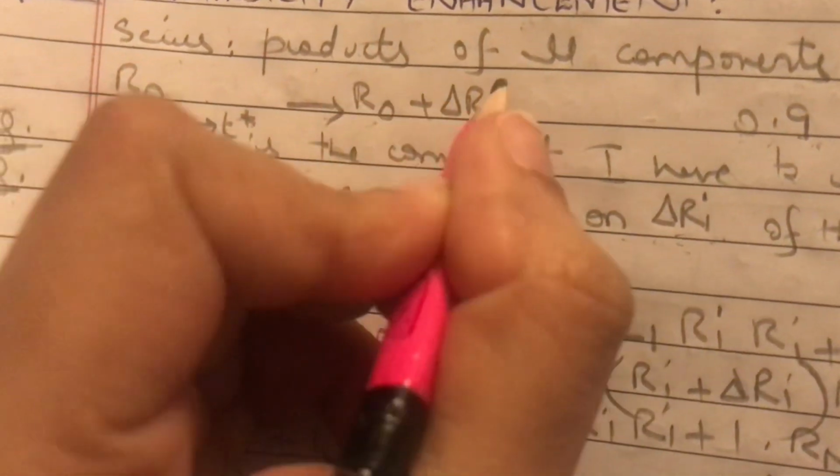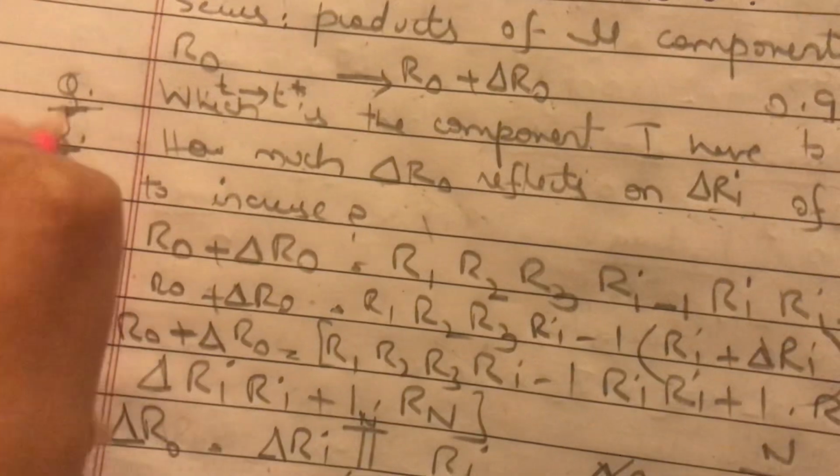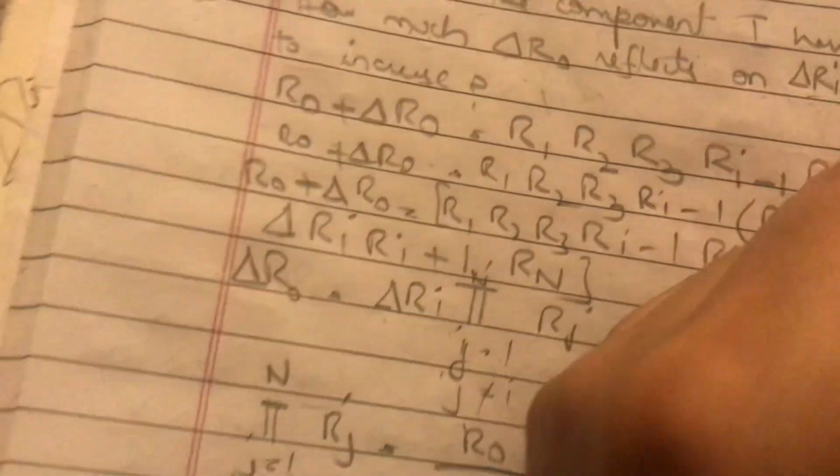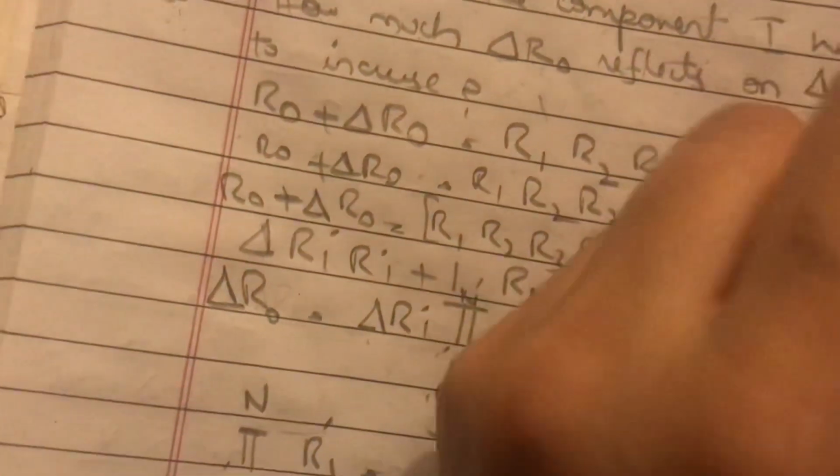So by enhancing our reliability, we have to find out first which component I have to work on, the component that has the lowest reliability, and by increasing delta R0, how it gets reflected on delta Ri of the component I have to increase.